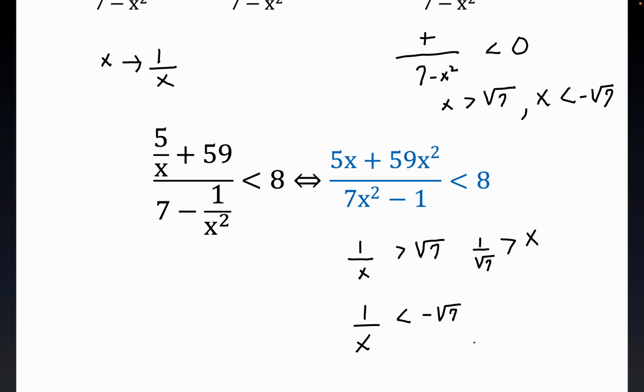But what does that result in, folks? That results in x is greater than... if you bring this to the other side, in other words, if you multiply through by x and divide through by minus root 7, we get x is greater than 1 over minus root 7.